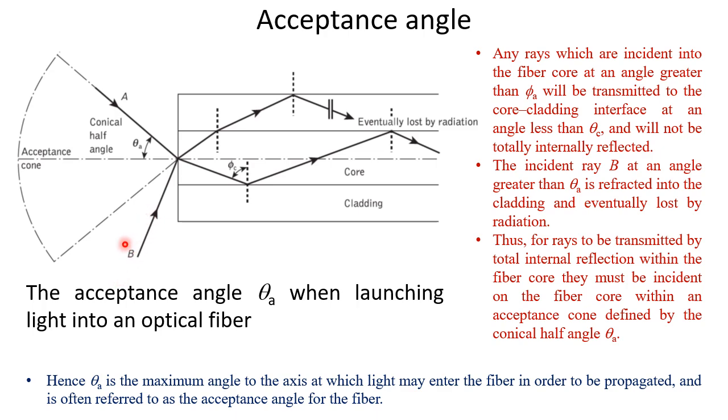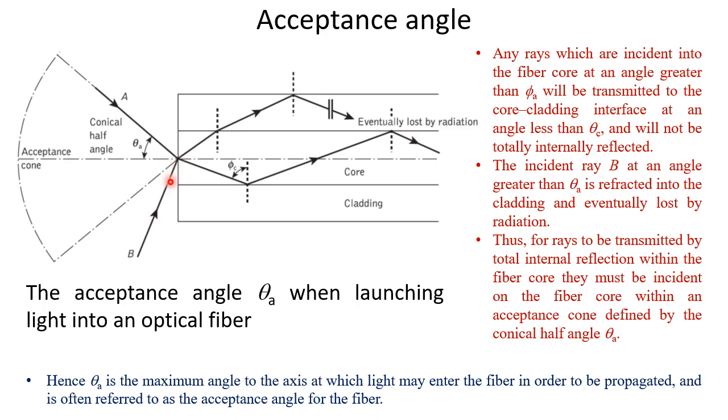Consider a possible incident light B. So B is incident on the surface at the starting point of the fiber, that is this point.